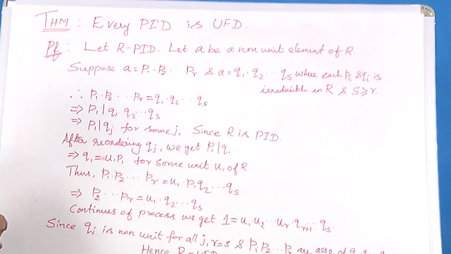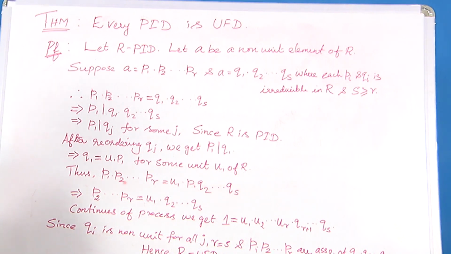So, Q1 can be written as U1 P1 because now P1 divides this particular Q1, and therefore, Q1 can be written as U1 P1 for some unit U1 of R. Thus, P1, P2, and so on up to Pr, instead of Q1, I substitute U1 P1, and it becomes U1 P1 Q2, and so on up to Qs.